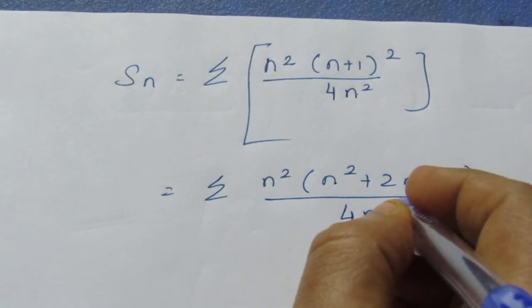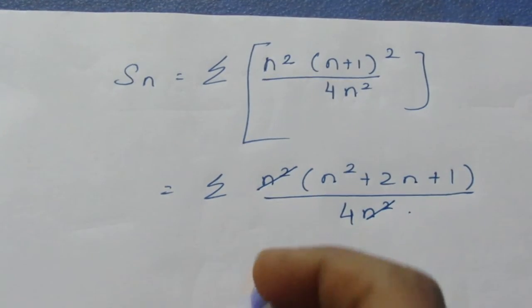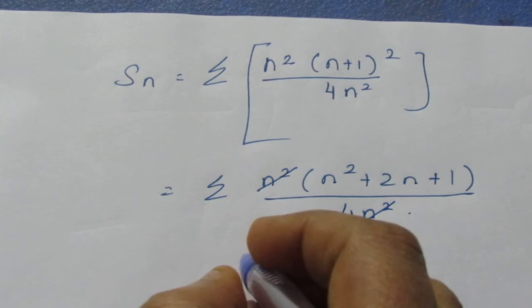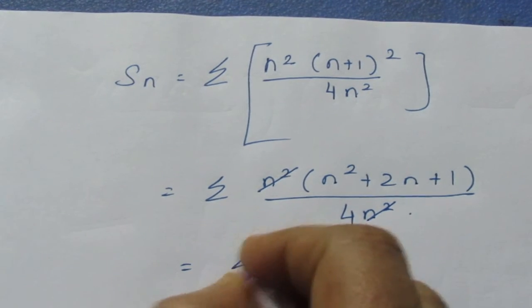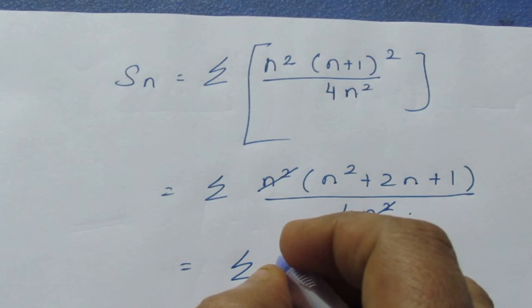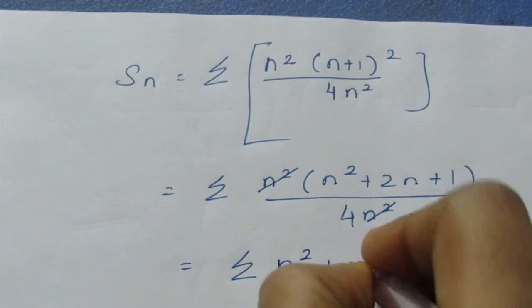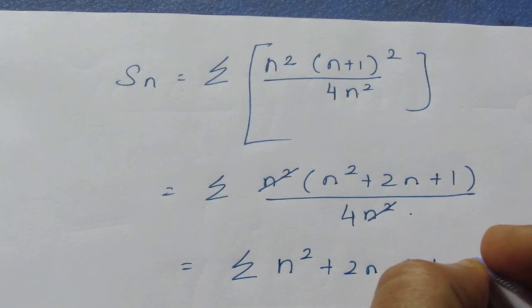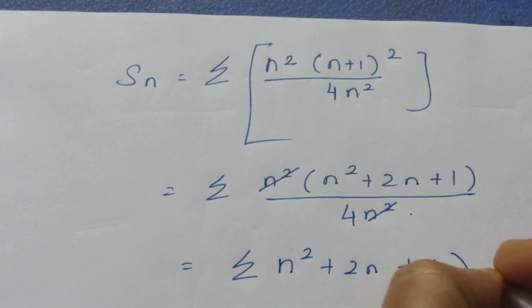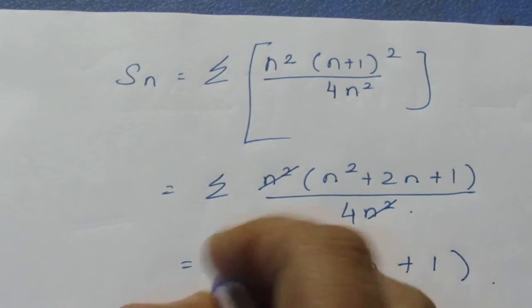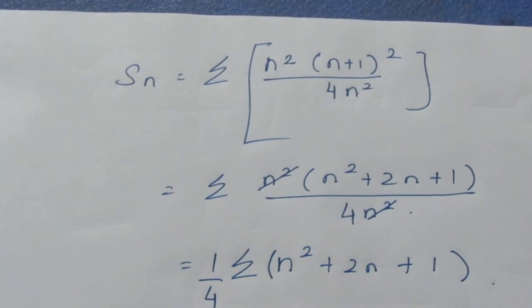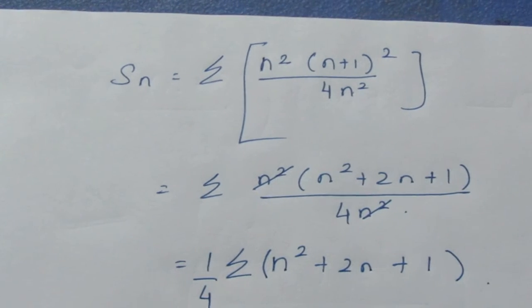Now this n square and this n square get cancelled. 1 by 4 I can take outside, as it is multiplied.